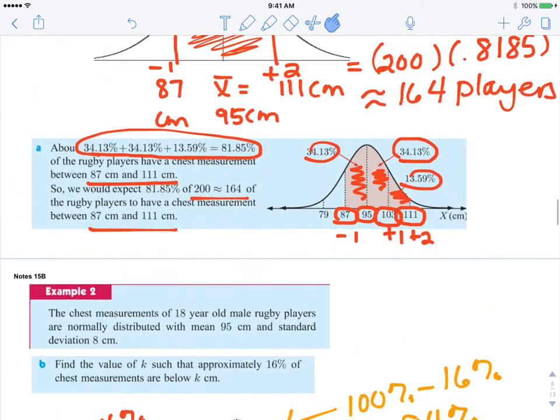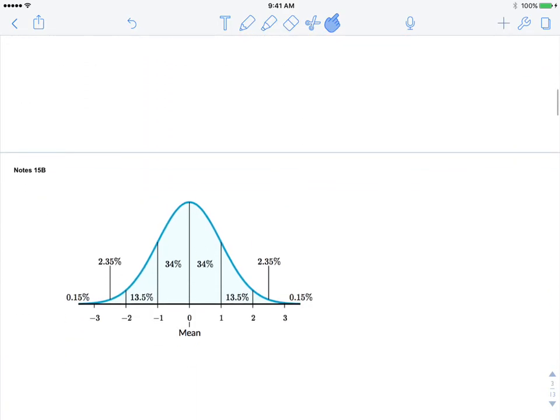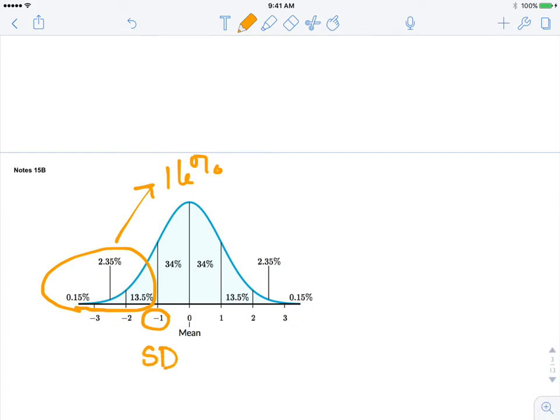So if we look at our chart here, and we add up these 3 percentages, this is about 16%, and this is 1 standard deviation. So everything below that is 16%.